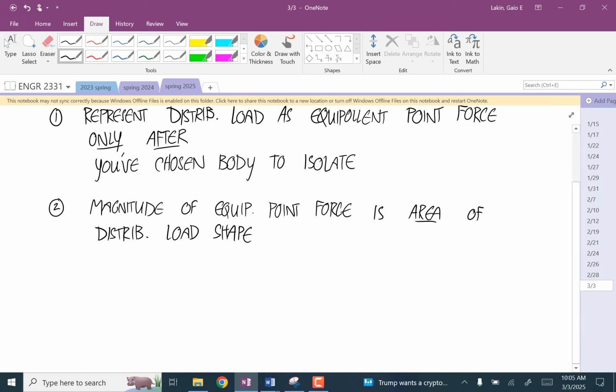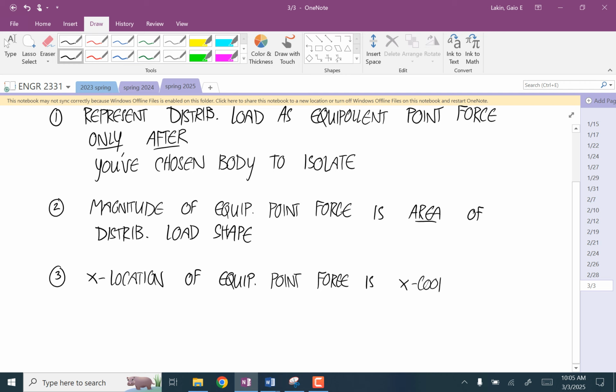And then third, the x location of the equipollent point force is the x coordinate of the centroid of the distributed load shape.